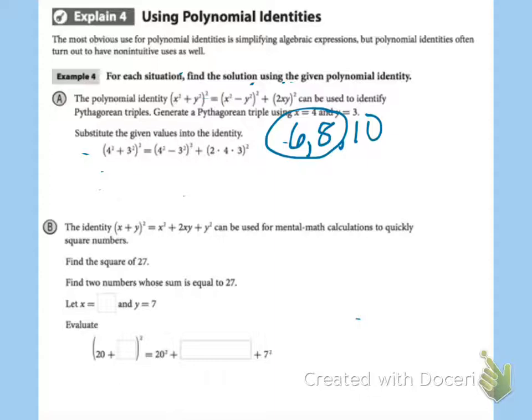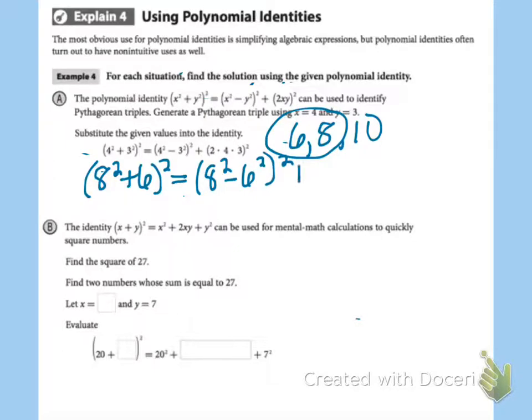If I plug these in here, actually, I'll put the bigger one first: 8 squared plus 6 squared, squared, equals 8 squared minus 6 squared, squared, plus 2 times 8 times 6, squared.